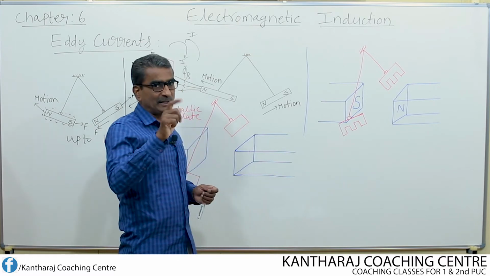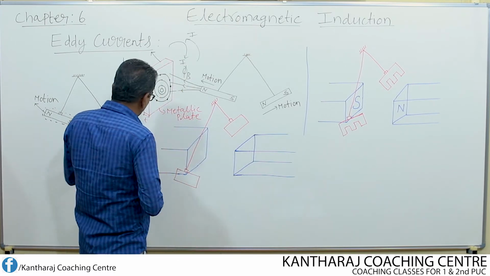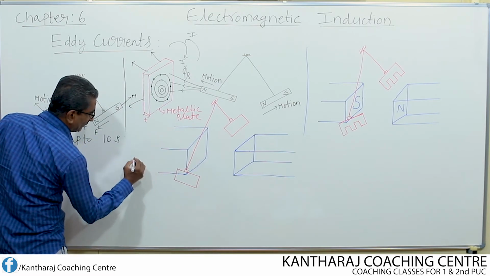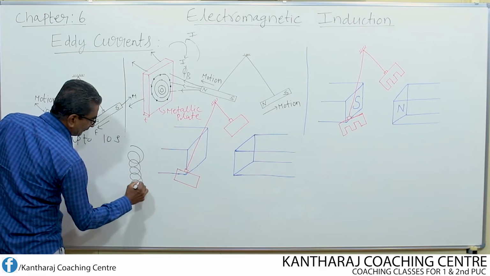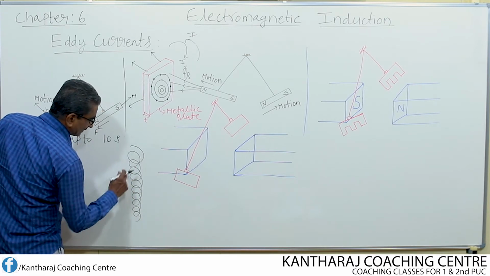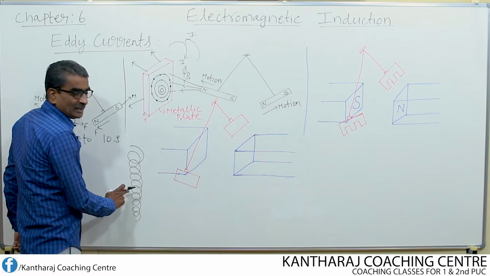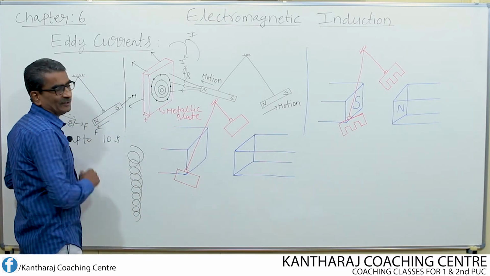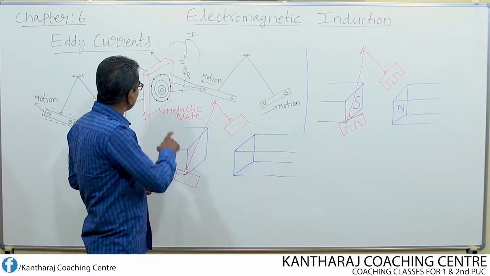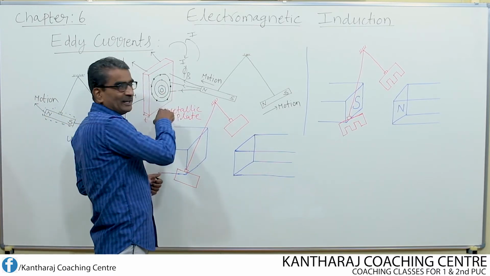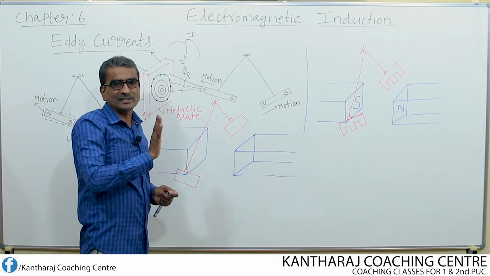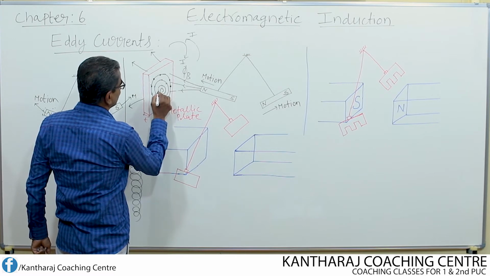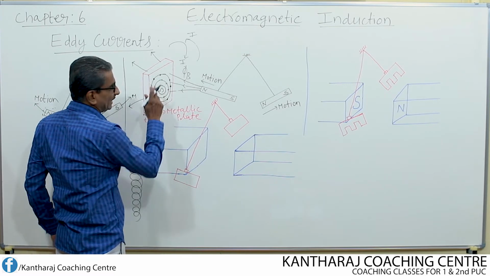In the case of whirlpools, the water moves from the surface of the river to the bottom in a circular path like this. So that is why the name eddy is given. Eddy means whirling or circulating, in the form of concentric circles. These are nothing but the free electrons which are responsible for the formation of eddy current.